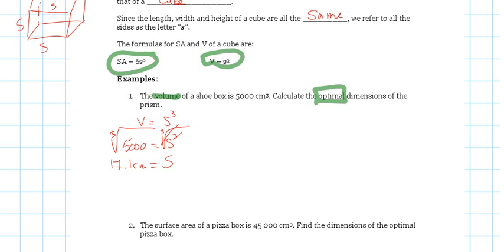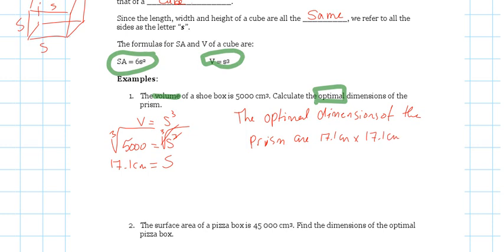I have to say that the optimal dimension of the prism, and then you're going to state it as 17.1 centimeter by 17.1 centimeter by 17.1 centimeter.